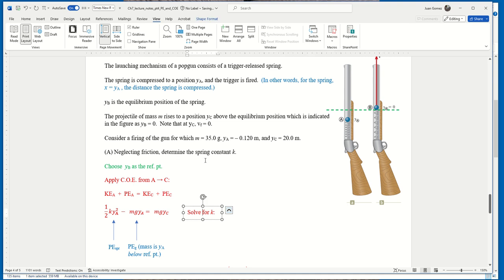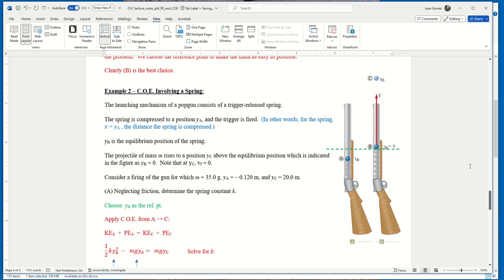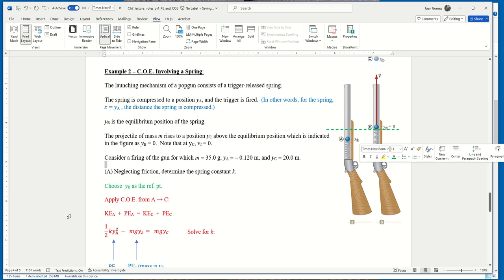So that's all. It's just conservation of energy from A to C. At both points A and C, the KEA is 0, KEC is 0. Now the potential energy at A is the energy stored when you compress the spring, 1/2 k YA squared, and there's the gravitational potential energy when you compress the spring.